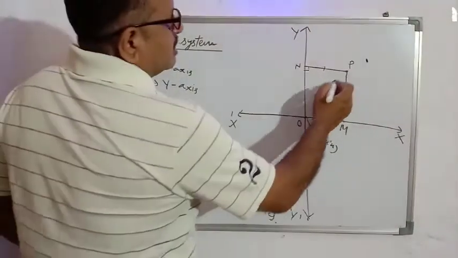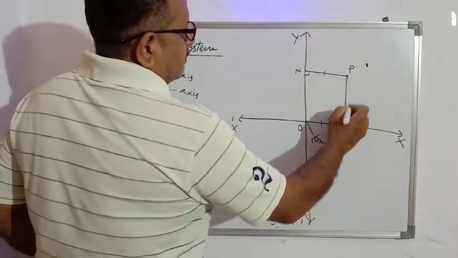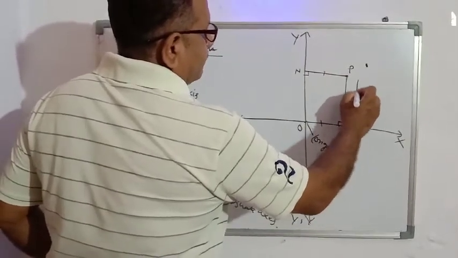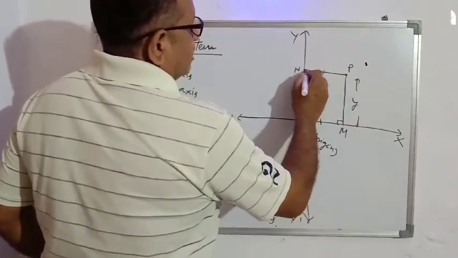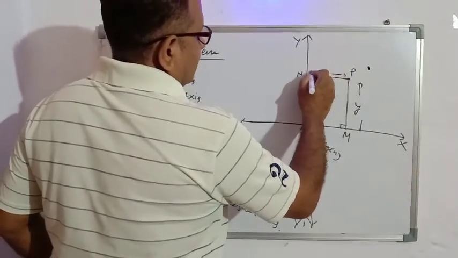Suppose the distance PM be y and the distance PN be x.